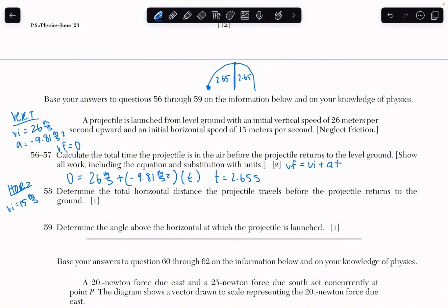So we need to multiply this by 2. So 2.65 seconds times 2 is going to equal our real time, which is 5.3 seconds. That's the total amount of time that it takes to reach the ground.